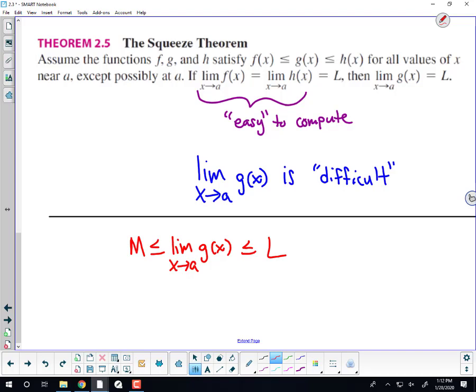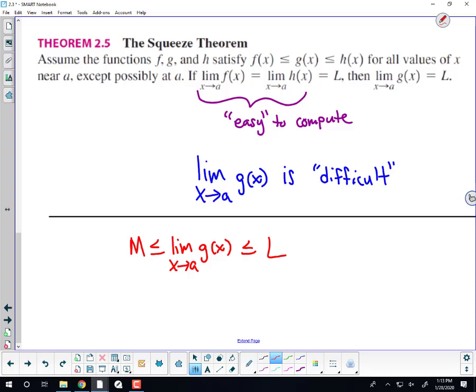Yeah. So you could certainly run into the issue where the function in the middle is bound between two numbers. You could say, I don't know what this limit is, but I know it's between 5 and 10. That's perfectly okay. However, it doesn't answer the question of what that limit is.